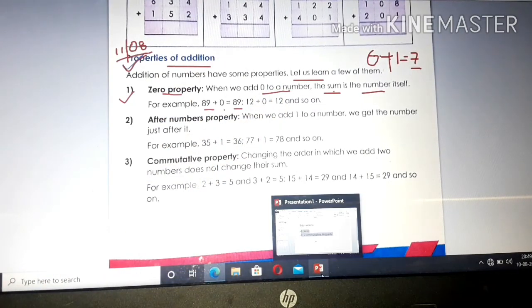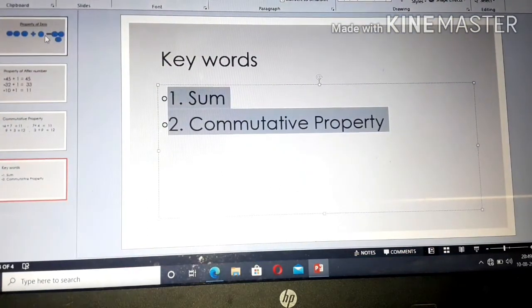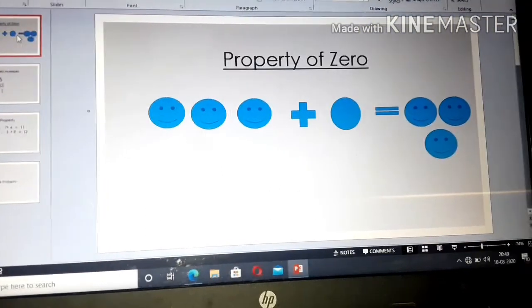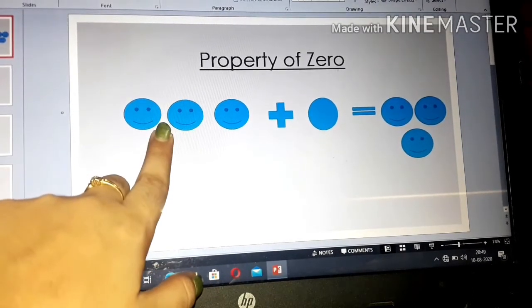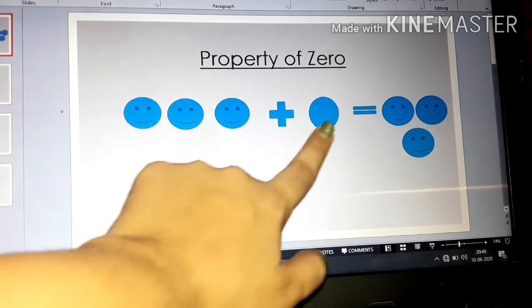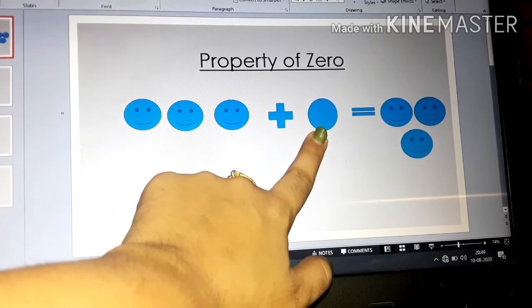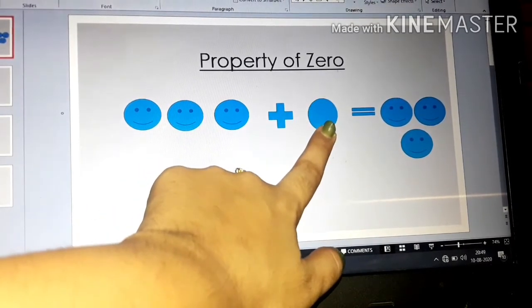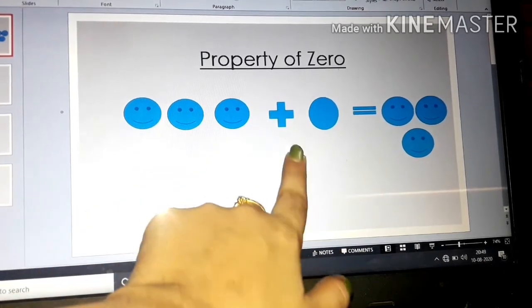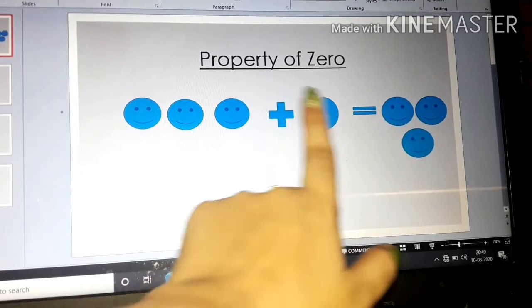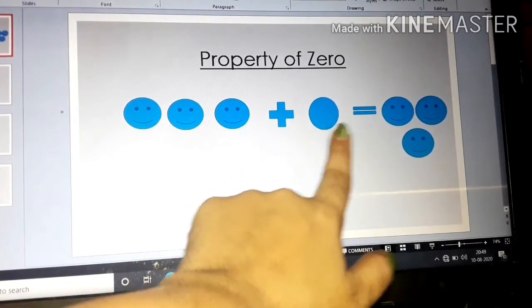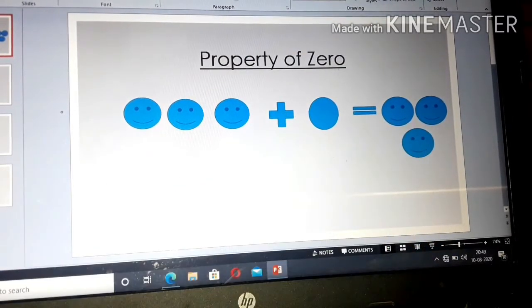Okay, let's study with an example, children. You can see here there are 3 faces. I have 3 faces and my sister has 0 faces. This is 0, isn't it? So if it is asked what is the sum of faces, me and my sister, there are a total of 3 faces, isn't it?